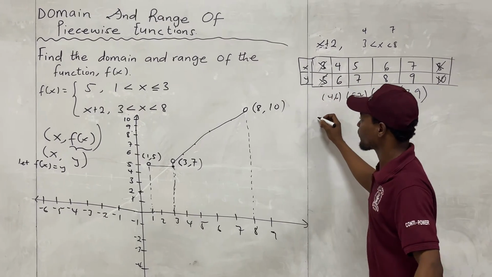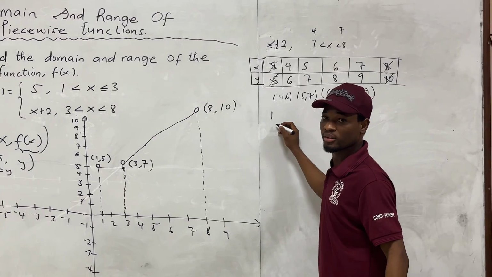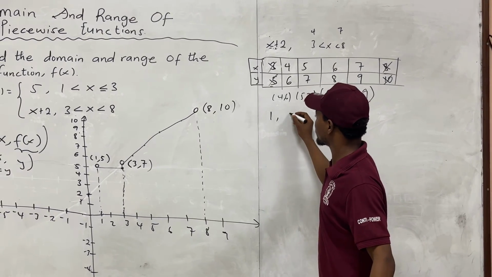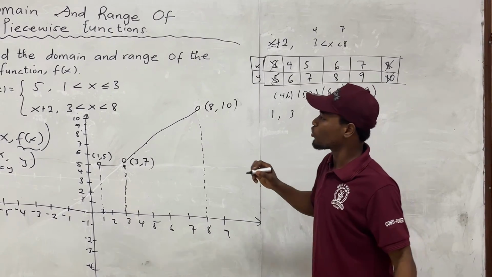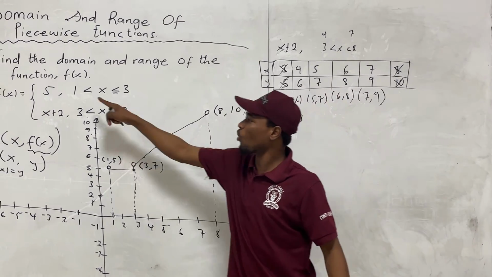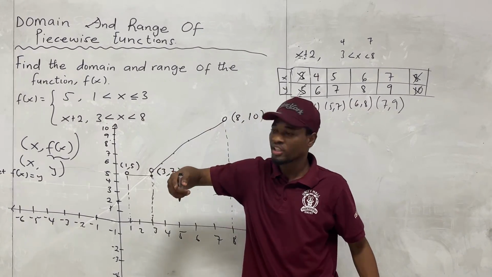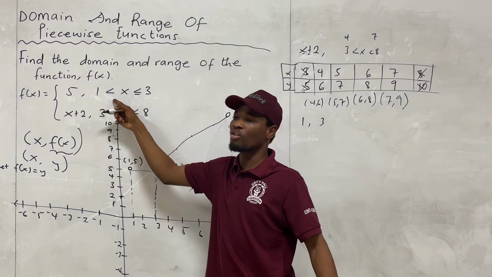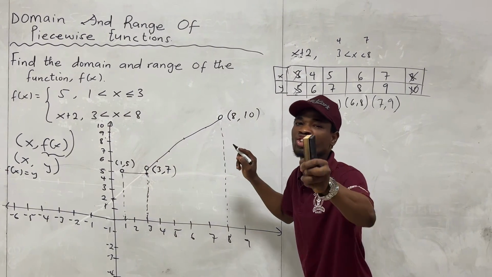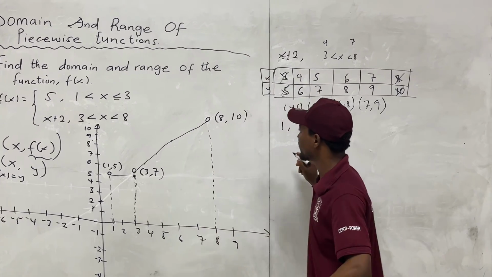It means I have 1, okay, up to what? Up to 3. Now, whenever a certain point is not included, in other words, when you don't have a bar over here, we normally use this notation.